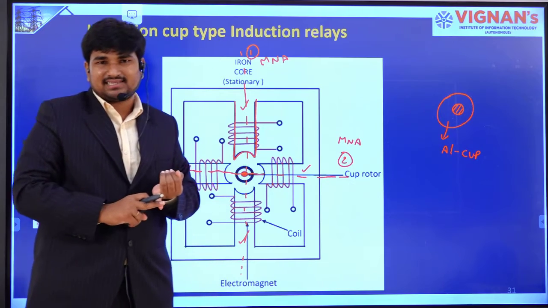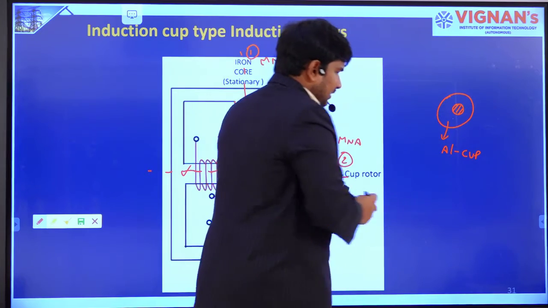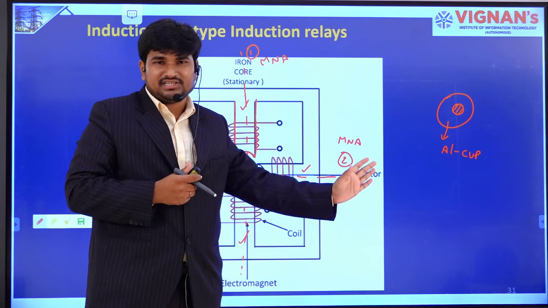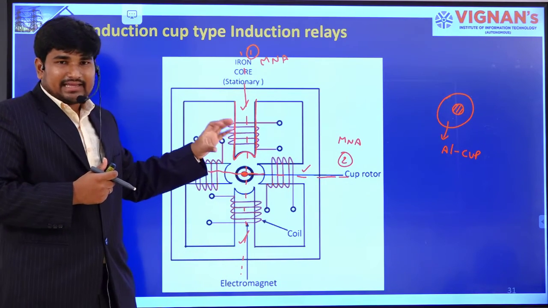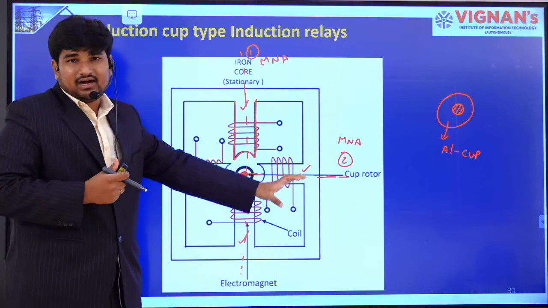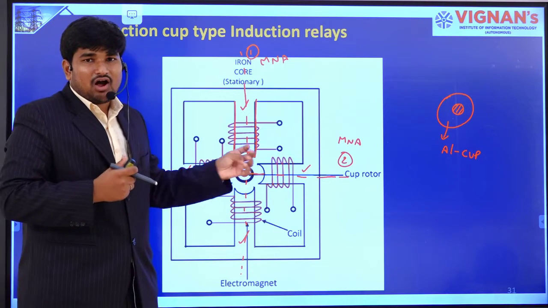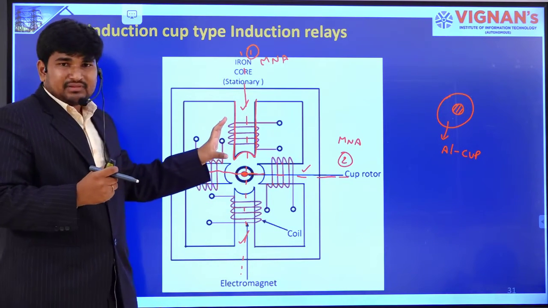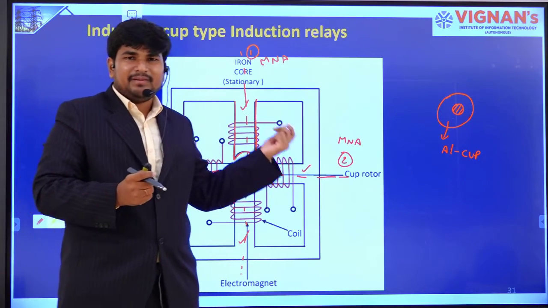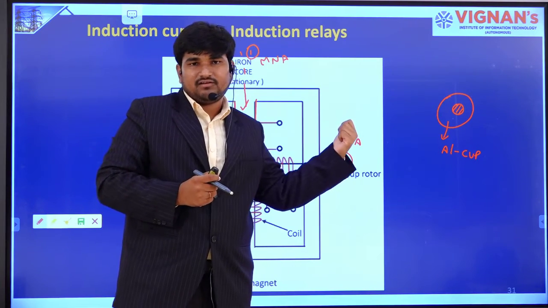For a polyphase induction machine, the criteria for generating a rotating magnetic field is that the coils will be geometrically displaced by 90 degrees or above, or the time gap, that is the angle between each current, will be 90 degrees or above. Then only a rotating magnetic field will be created.